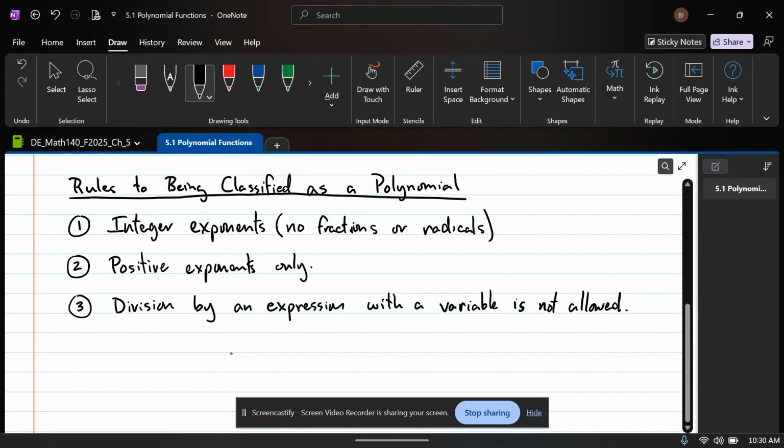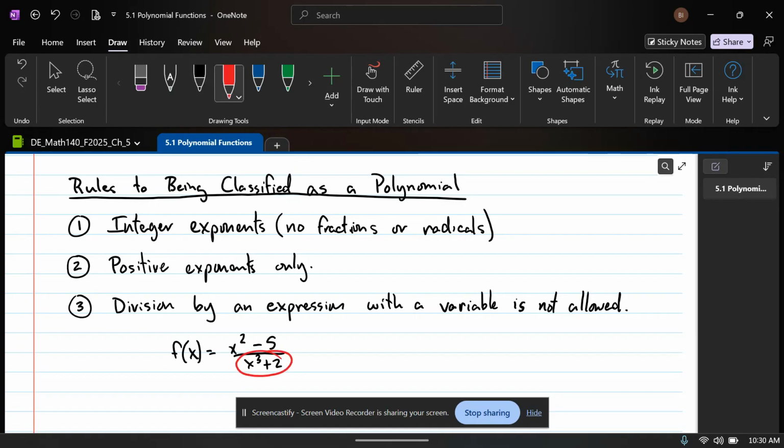That would be something like x squared minus 5 divided by x cubed plus 2. That is not a polynomial function. It may be a function, but it's not a polynomial function. That right there is a violation of Rule 3. You cannot have x's in the denominator. You can have fraction coefficients. You can't have fraction exponents. You can have fractions in the problem, but they cannot have x's in the denominator.